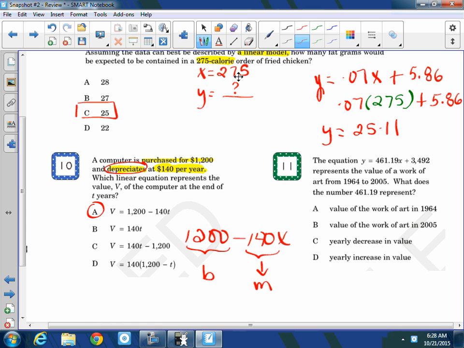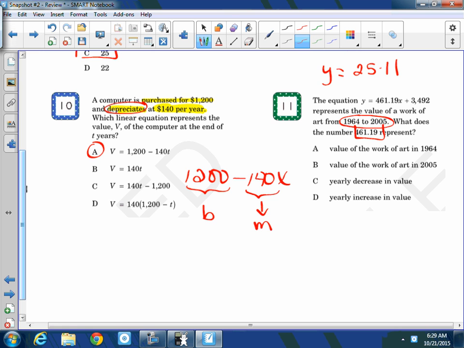The equation Y equals 461.19x plus 3,492 represents the value of a work of art from 1964 to 2005. What does the number 461.19 represent? Now, okay, this is a work of art, which means if it's made by a famous artist, it probably increases in value.